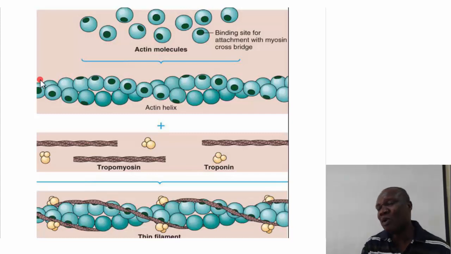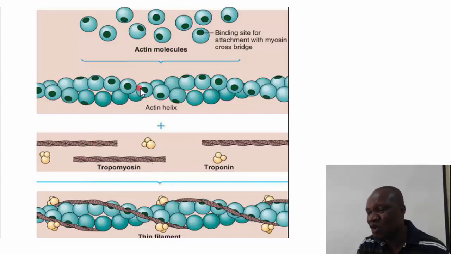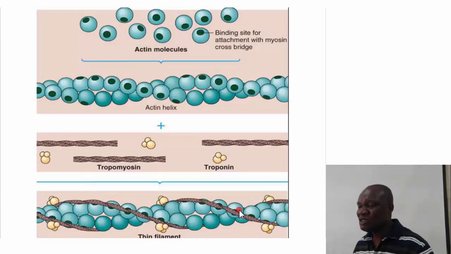Now, the tropomyosin filament is a long protein filament, and it lies in the groove of the actin chain. In the resting muscle, the tropomyosin covers the myosin binding sites on actin.